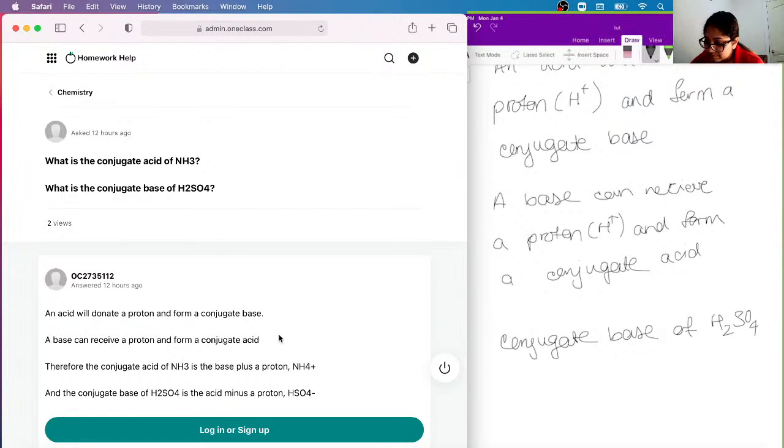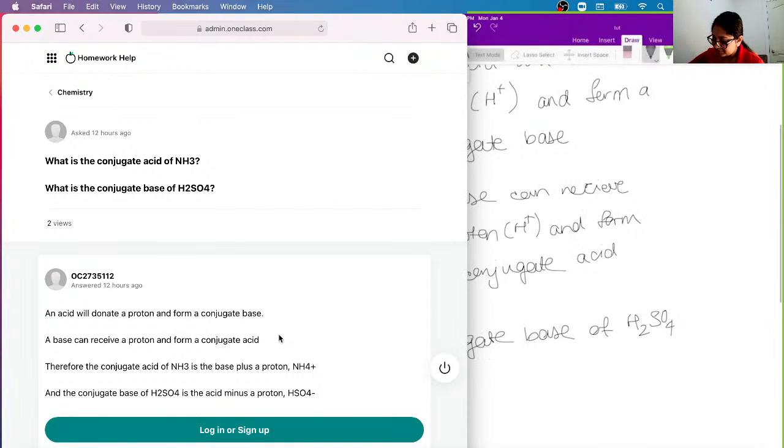So basically, to make it a conjugate base, you need to lose protons. That means that this is an acid, so it would give off a proton, and so this would become HSO4 minus.